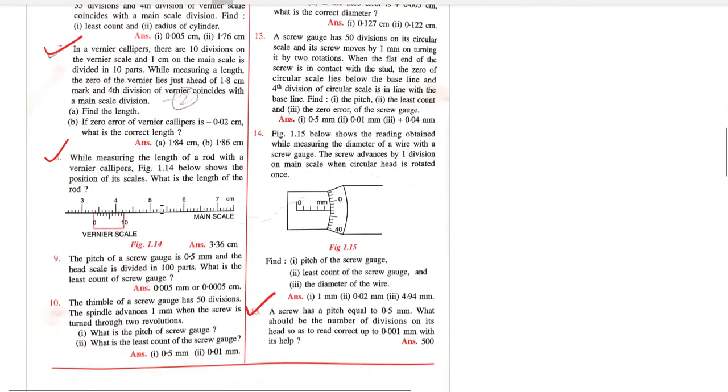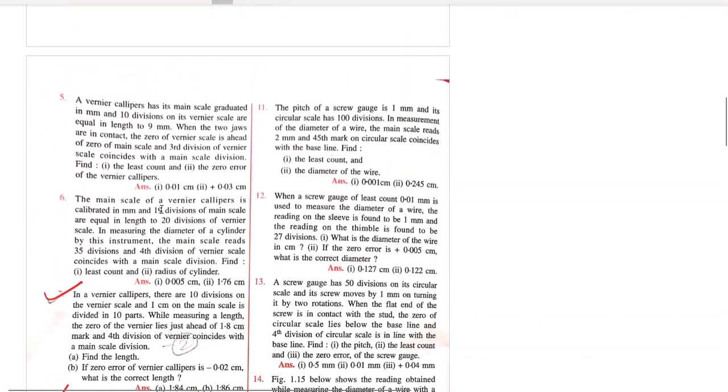Question number 7. In a vernier calipers, there are 10 divisions on the vernier scale and 1 centimeter on the main scale is divided in 10 parts. Okay, so we can say that value of one main scale division.